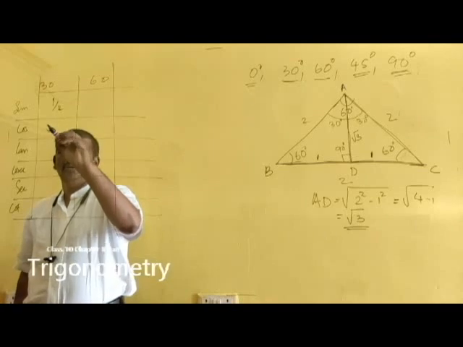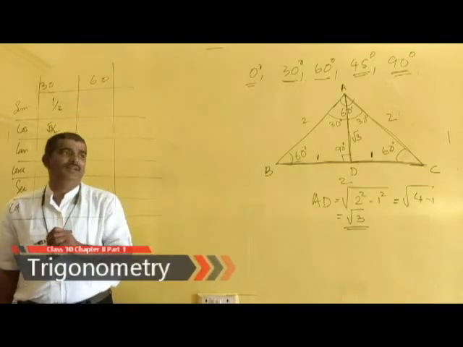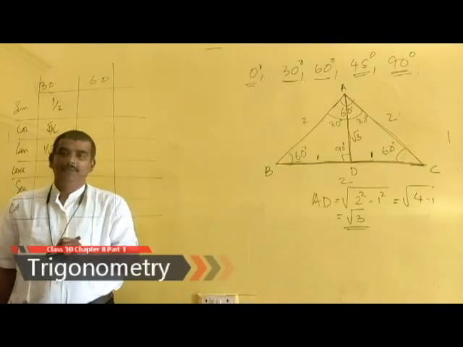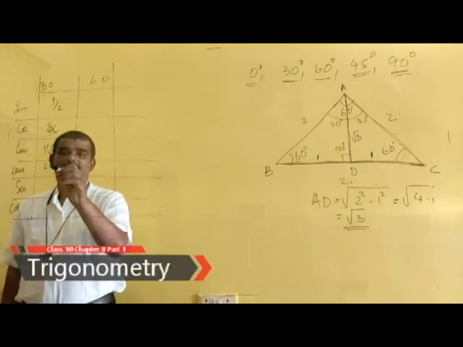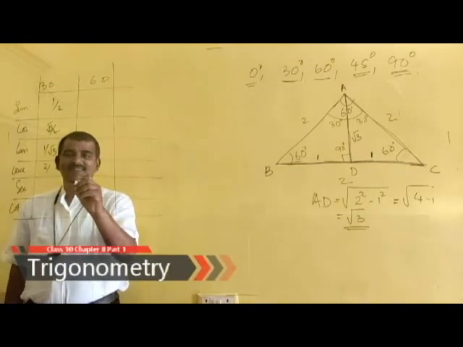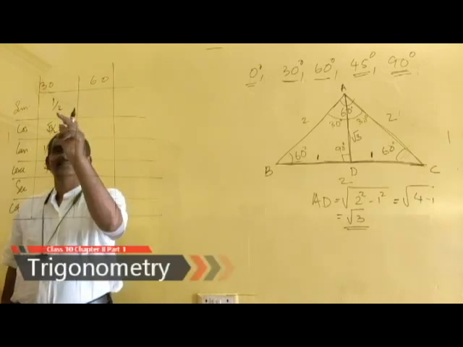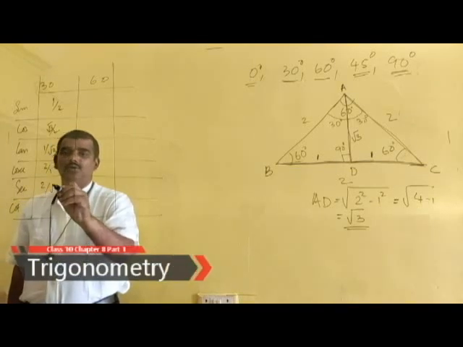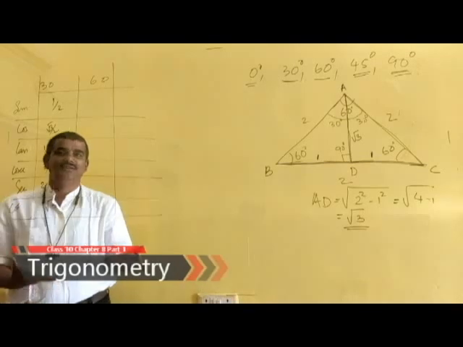Here you have to write root 3 by 2. Then tan is opposite side divided by adjacent side, that is equal to 1 by root 3. Then cosec, that is hypotenuse divided by opposite side, 2 by 1. See, it's just the reverse you have to write. Then this is 2 by root 3 and this is root 3, that's all.